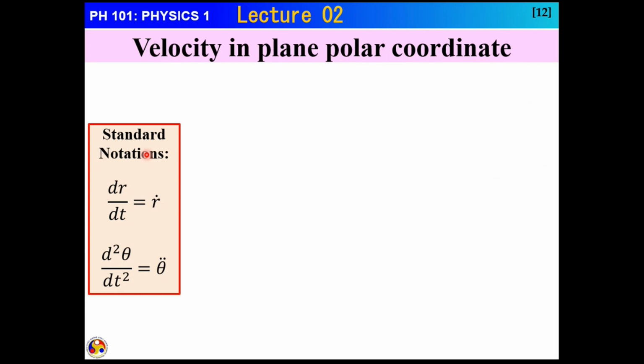Now we are going to talk about the velocity in plane polar coordinates. So standard notation: we know that dr by dt means r dot, the double derivative d2 r by dt square will be r double dot, d theta by dt is theta dot, and d square theta by dt square will be theta double dot. Now let's see the velocity in the plane polar coordinate system. What will be the velocity?